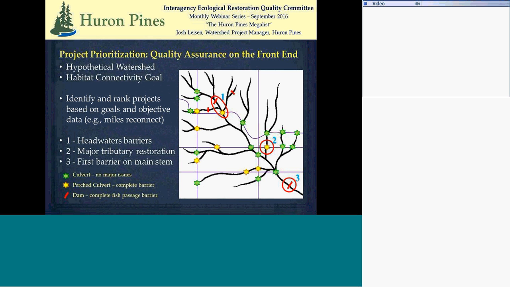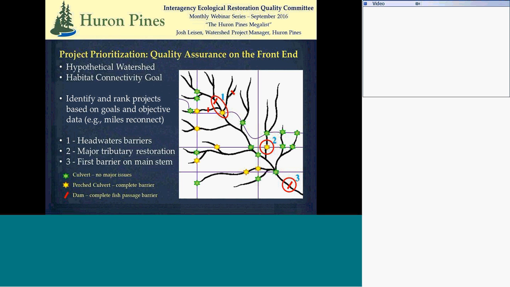So with the inventory data, you have a science-based method for developing a list of priority sites. You can select the sites that are an issue from an aquatic organism passage standpoint, that is, those that are perched or velocity barriers. Then you can list those sites in order of potential restoration deliverables, in this case by upstream miles reconnected. You may also want to exclude sites that fail to reach a certain threshold for that deliverable.